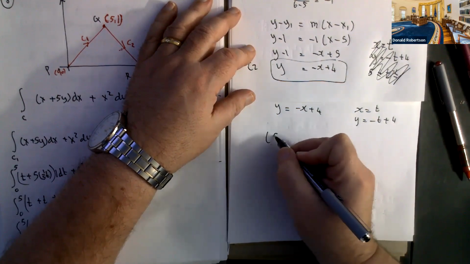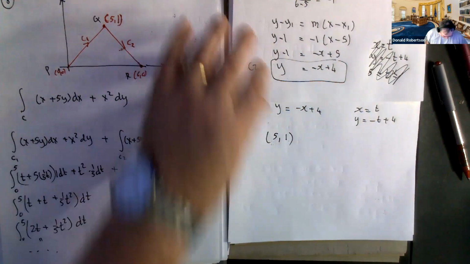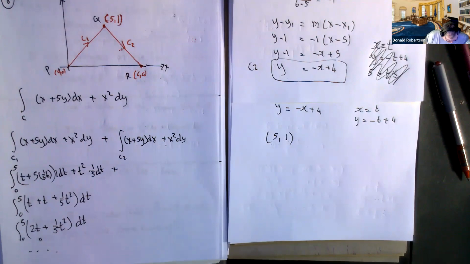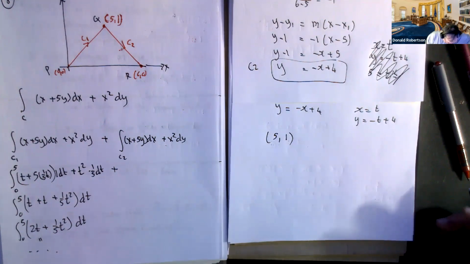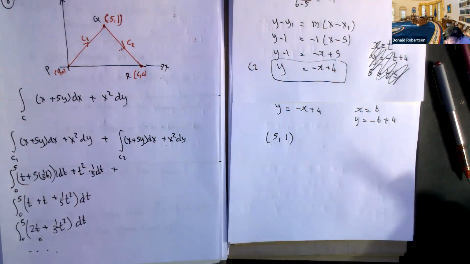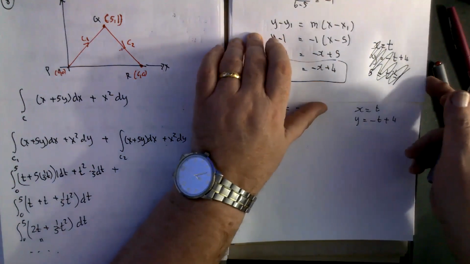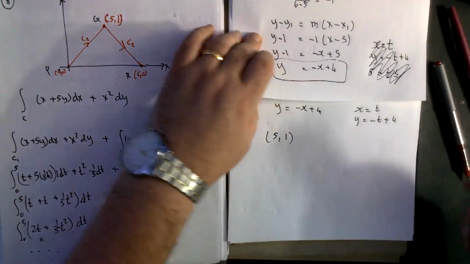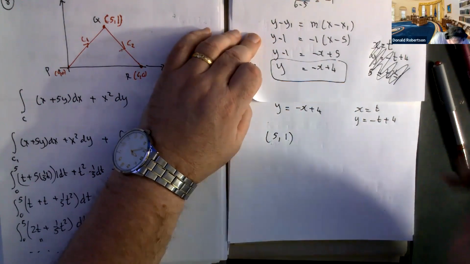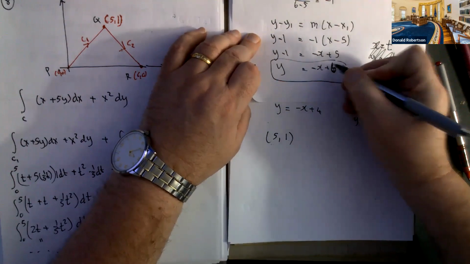And I'm physically going to write them down. Okay. So why is that guy not giving me (5, 1)? It should be negative x plus 6. Is that what it should have been? Yes, thank you.